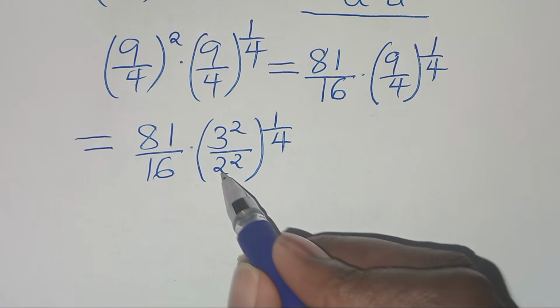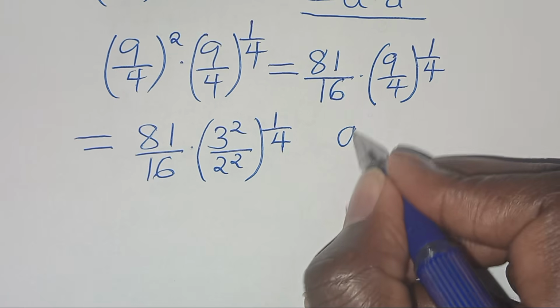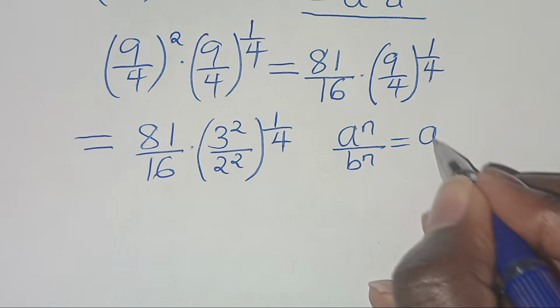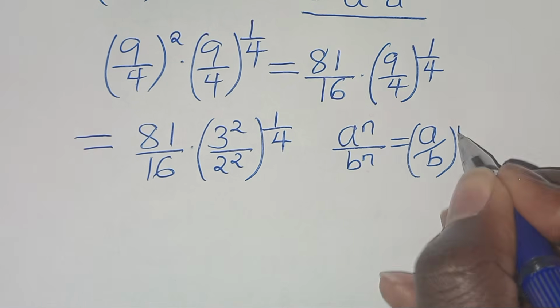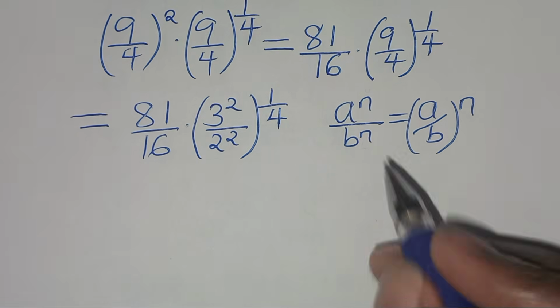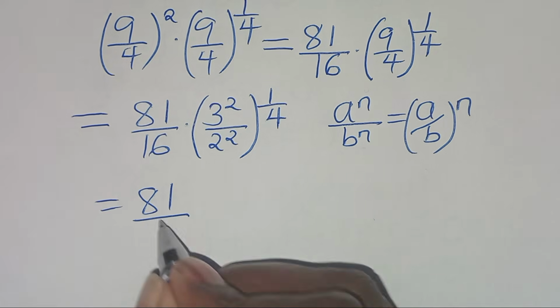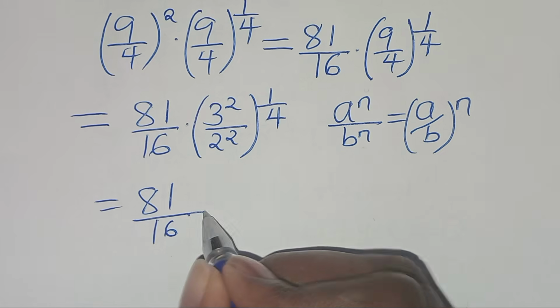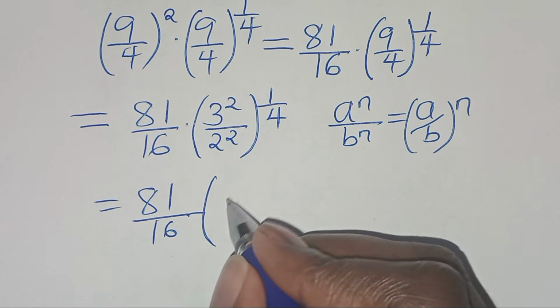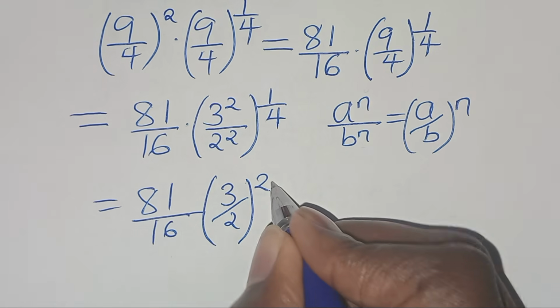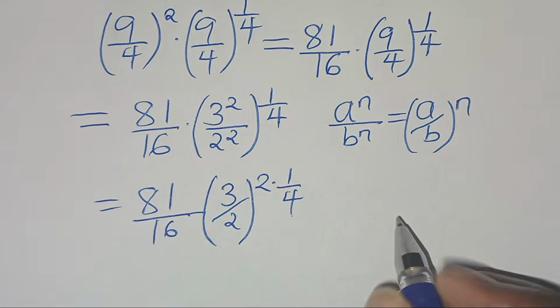This is in the form of a to power n over b to power n, which we can express as a over b raised to power n. Applying this exponent property, we have 81 over 16 times 3 over 2 raised to power 2 times 1 over 4.